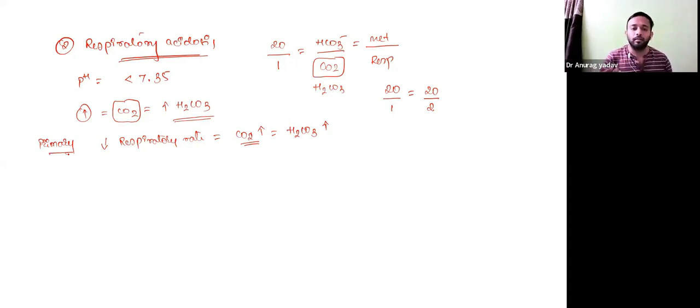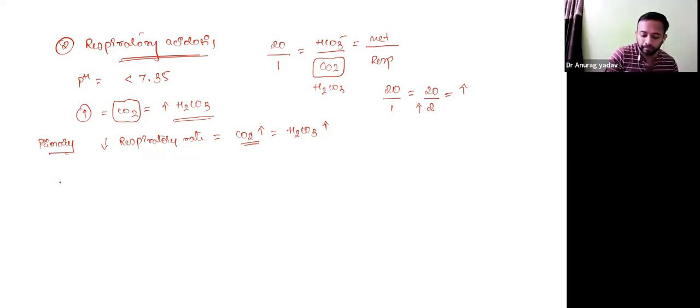Now, what is the body compensation? What should the body do? I told you, whenever the denominator increases, which direction does the numerator go? It also increases. The compensation is always in line with the primary defect.